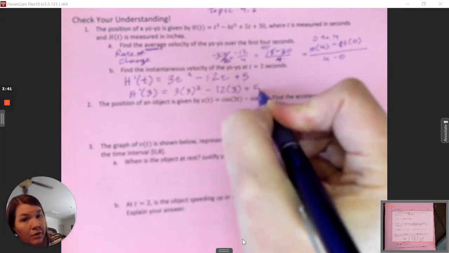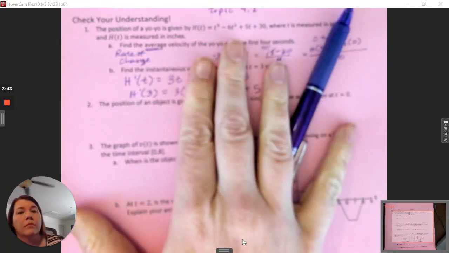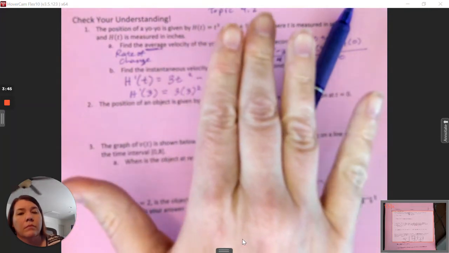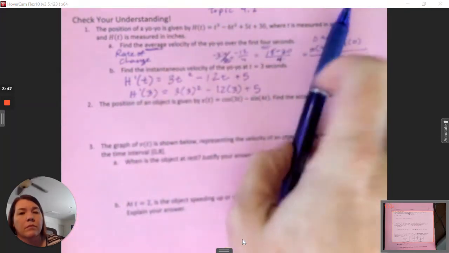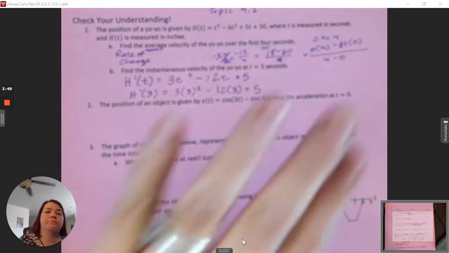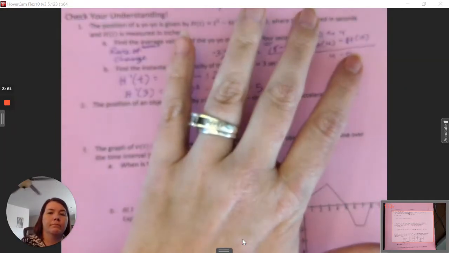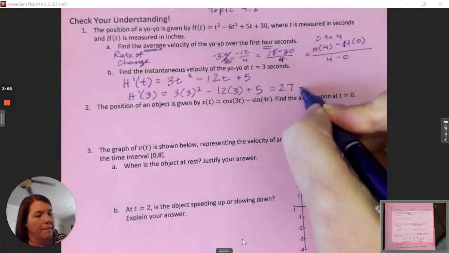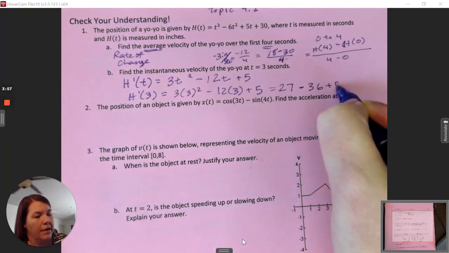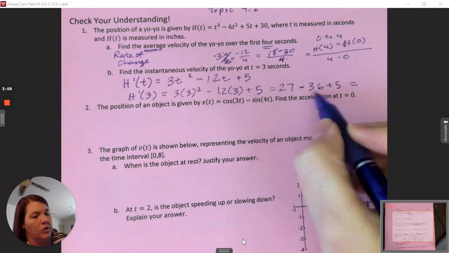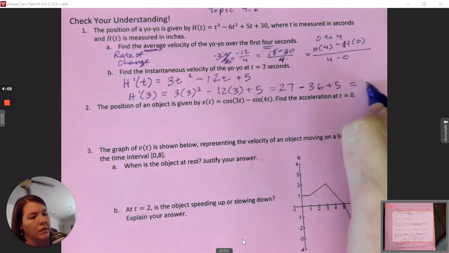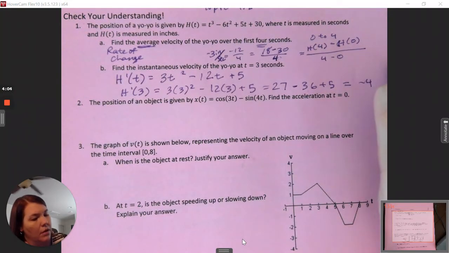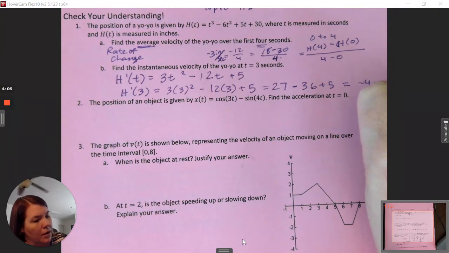I'm imagining now I don't have a calculator. I get 27 minus 36 plus 5, which is negative 4. Again, inches per second.